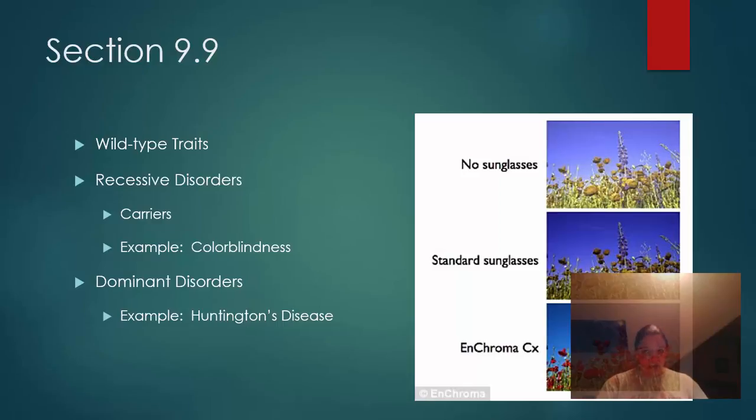One of the ways this can happen is because the trait is recessive, it is possible for a parent to carry it from one generation to the next without actually expressing that trait themselves. So long as the parent is heterozygous and they have one version, one allele of each type. Remember, if it's a recessive trait, that dominant allele is going to cover it up.